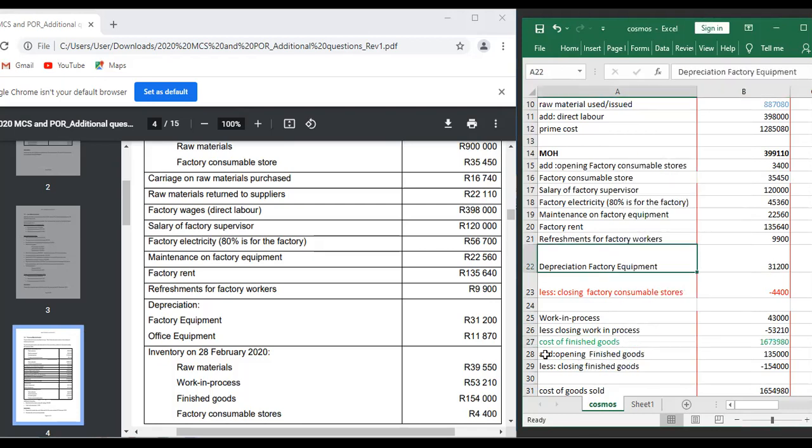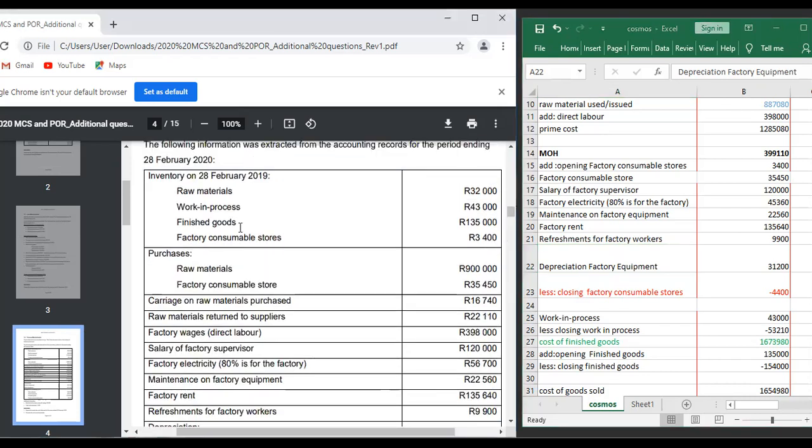And then to this cost of goods finished, we add the opening finished goods from the previous year. Remember, all this was for the current year. Now we have to add also the opening goods in our store, which when we opened were 135,000.